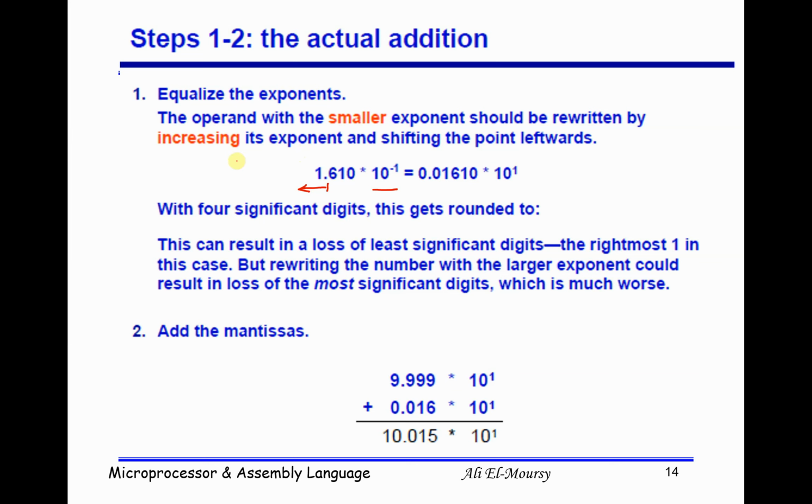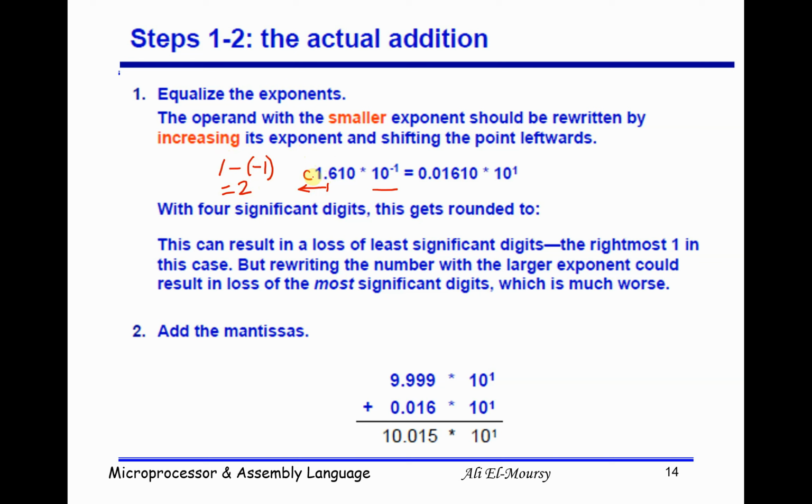The exponent for the first is 1. I have to subtract from it the exponent for the second, which is also 1. So that means the total shift I have to do is 2. So I have to shift the decimal point to the left 2 locations.